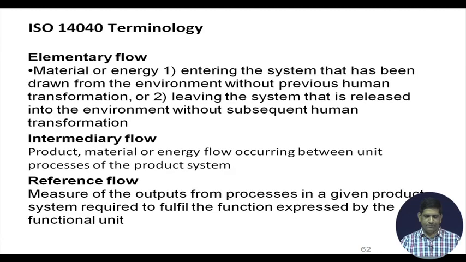When we collect this LCI data, we look at its impact assessment, and for everything we looked at in the impact assessment, we do the interpretation. So they are all related to each other. It starts from unit process, then product system, then LCI, then LCIA, and ultimately interpretation, where you come up with your recommendation.